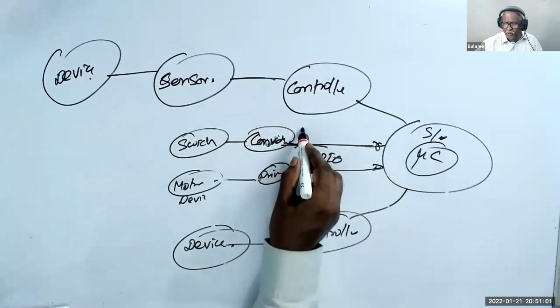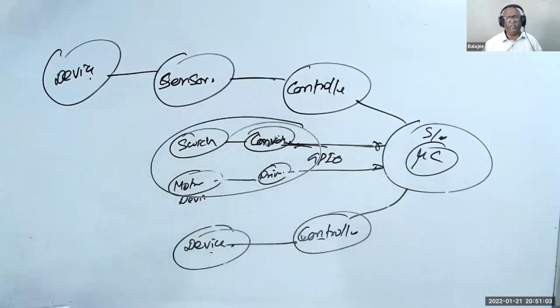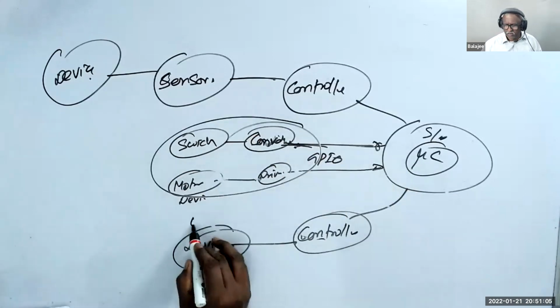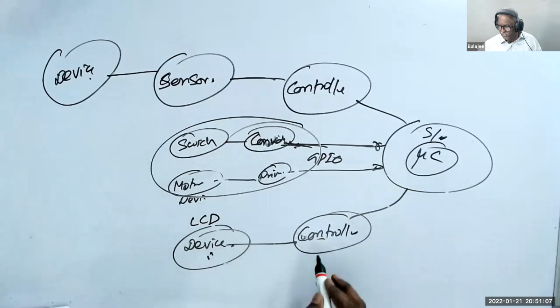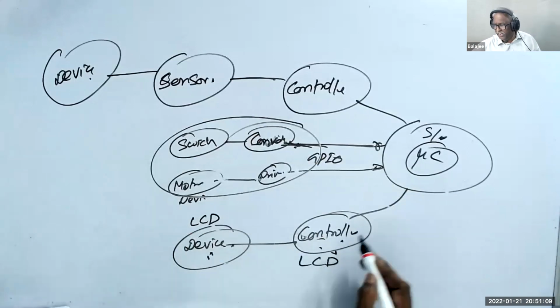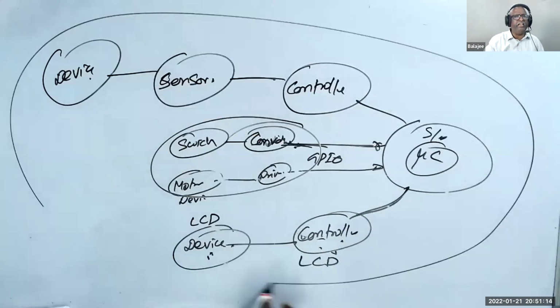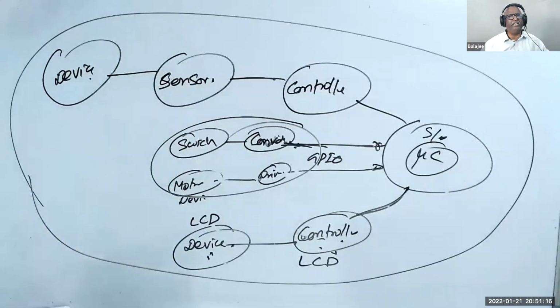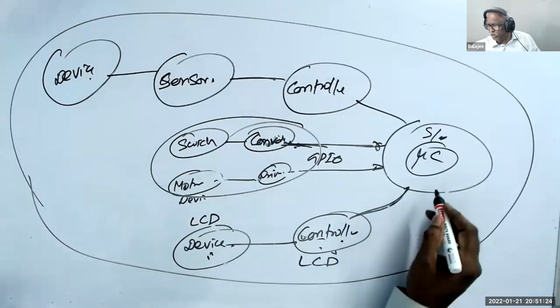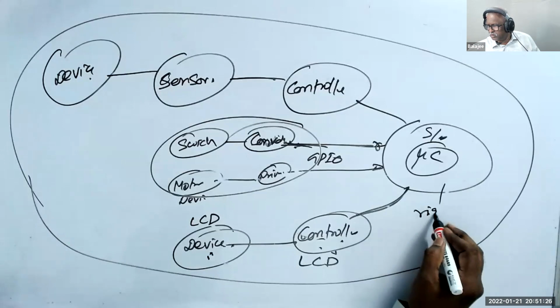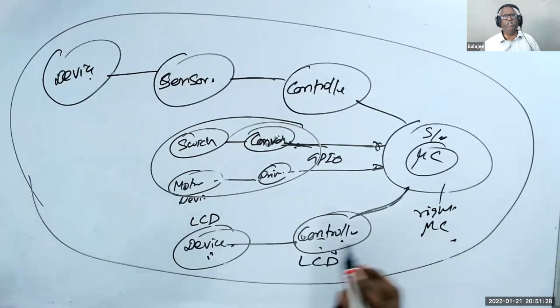This is GPIO. This is via controller. Let us say I want to have an LCD. LCD is a device. Then the LCD controller is a controller. Then we write it. This is what we generally do. You can connect any number of devices. You can make the design. So embedded design is not a big thing. It's very simple. We have to identify the right microcontroller. That's the only thing.